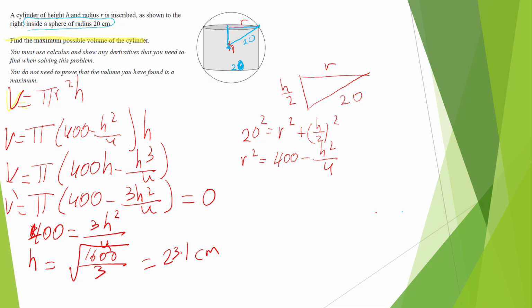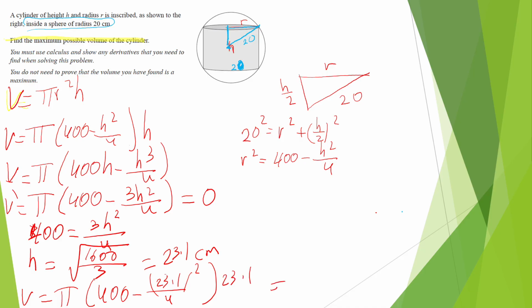Once I know the h, I can find the volume. I can substitute directly, or I could find the r and then go back, so it's up to you. I'll substitute directly: pi times (400 minus 23.1 squared over 4) times 23.1.